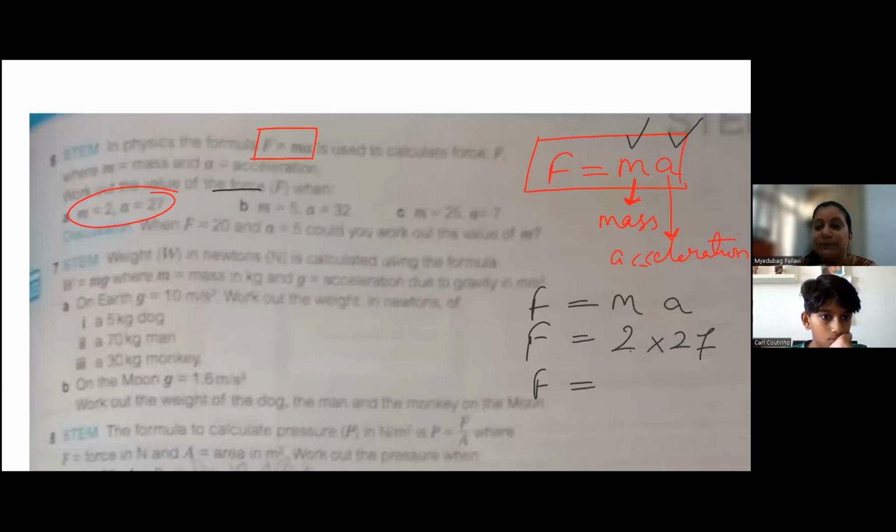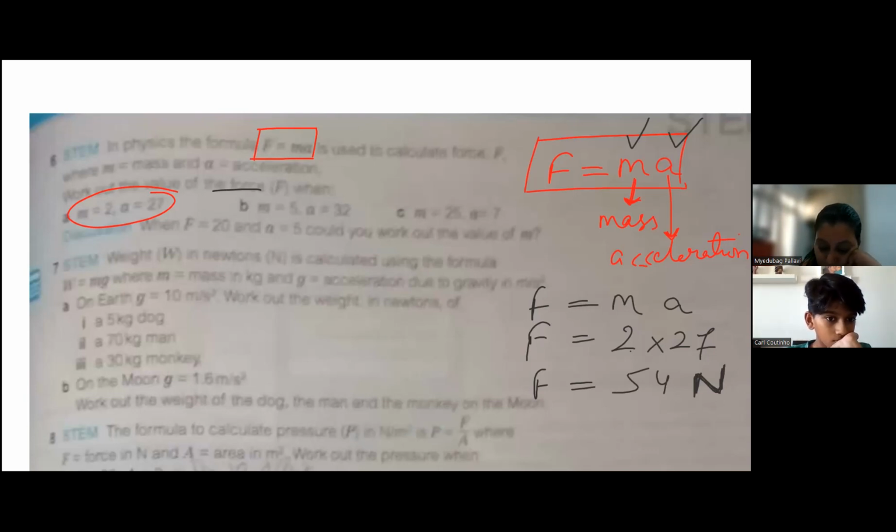What will be the answer? 2 multiplied by 27, you can work it out. 54. That's correct. And the unit of force is Newton, so we'll write capital N, which means Newton.